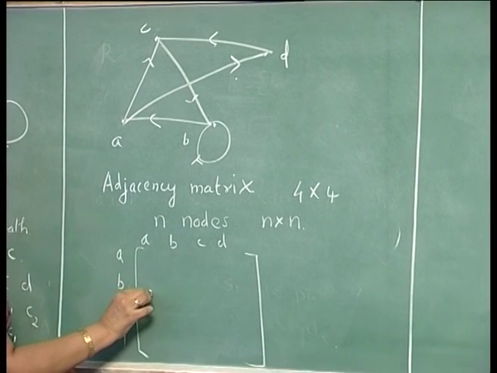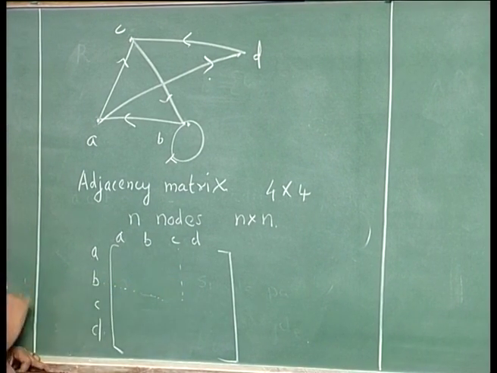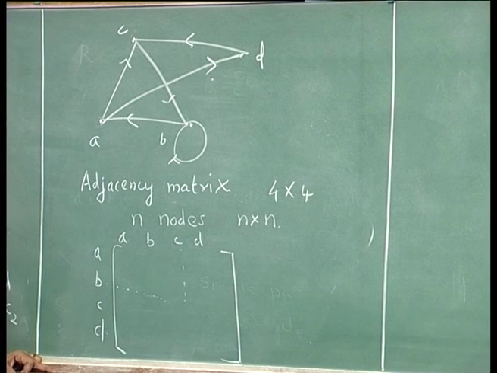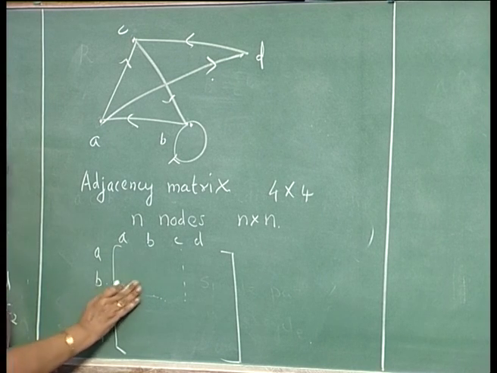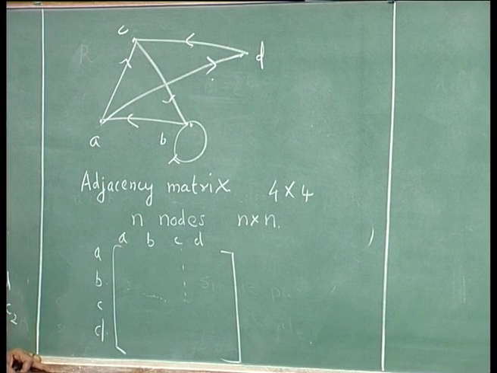Now, the element in the ith row and the jth column is 1 if there is an edge from the ith node to the jth node, for example from B to C. If there is an edge, it is represented by a Boolean 1. This is a Boolean matrix represented by zeros and ones.